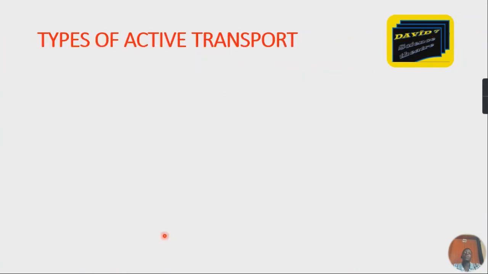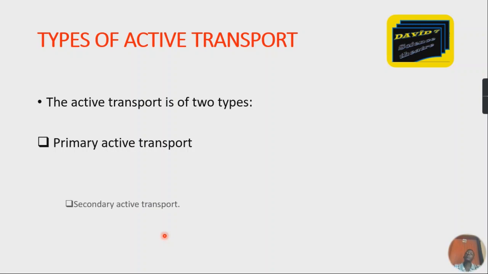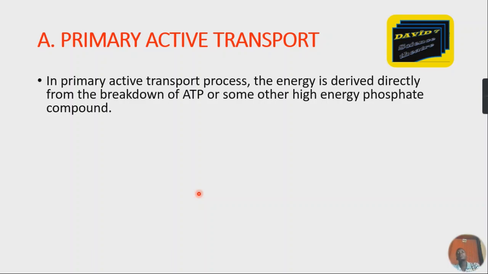The types of active transport are two: primary active transport and secondary active transport. In primary active transport, the energy is derived directly from the breakdown of ATP or some other energy phosphate compound.